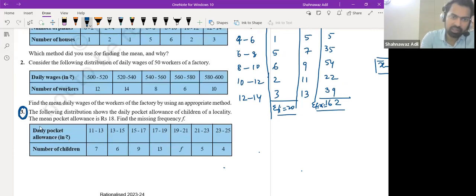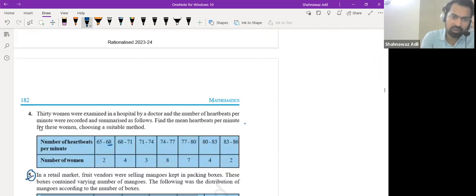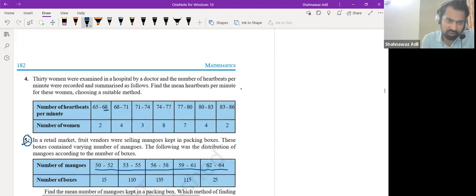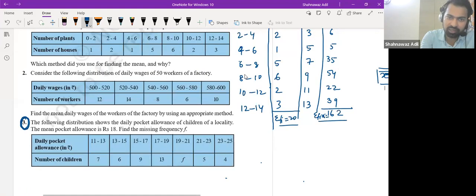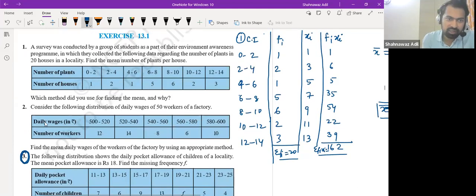And this one is also different. So I will talk about these questions. The rest of the questions you please try, right? You try this question with the step deviation method. First you try, and I will give this question as your homework. You try and then we'll discuss this tomorrow. Not tomorrow, but whenever we meet.